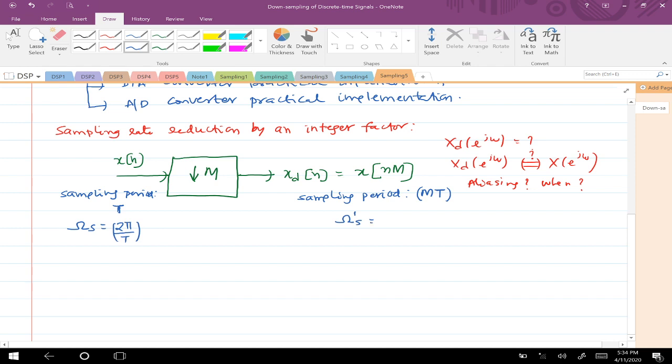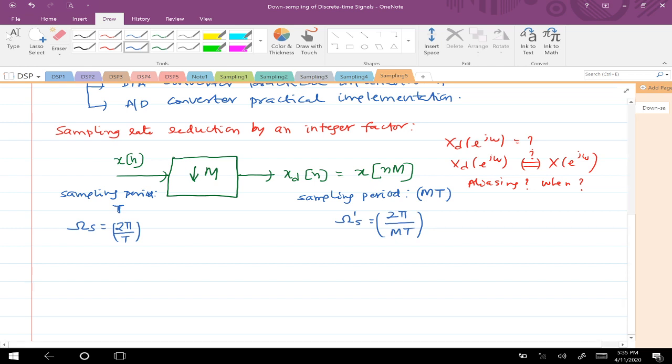Here the sampling period is MT, so 2 pi by MT is where the copies would have been kept if you were doing it right away from the other one.